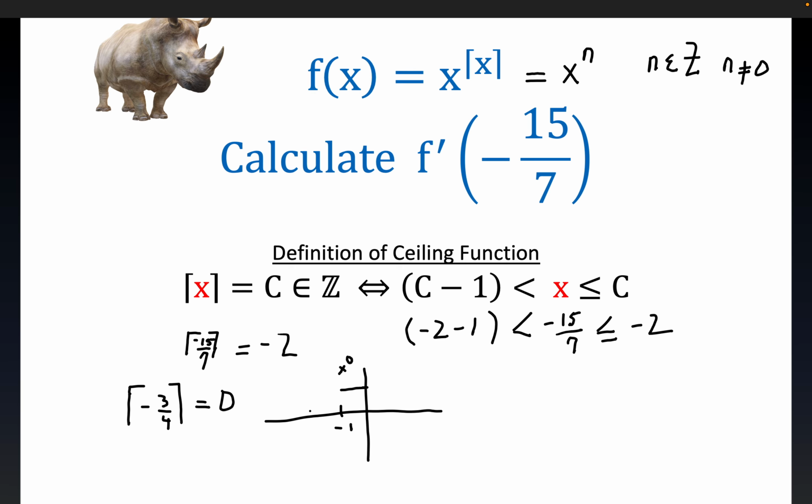Okay, now let's try out negative 2. Okay? Now if you have negative 2, any number in this region is going to have, it will be x to the minus 1, right? Because the ceiling of any number in this region will be x to the minus 1 or 1 over x. Okay?